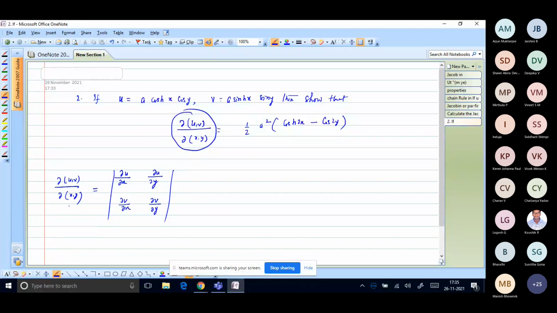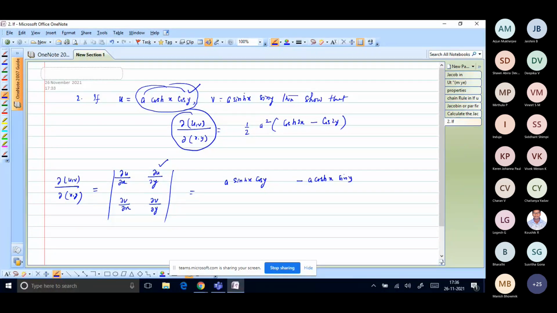So del u upon del x: a cos y is constant, and the differentiation of cos hyperbolic x is sin hyperbolic x, so a sin hyperbolic x into cos y. With respect to y, the differentiation of cos y is minus sin y, so I am writing minus a cos hyperbolic x into sin y.